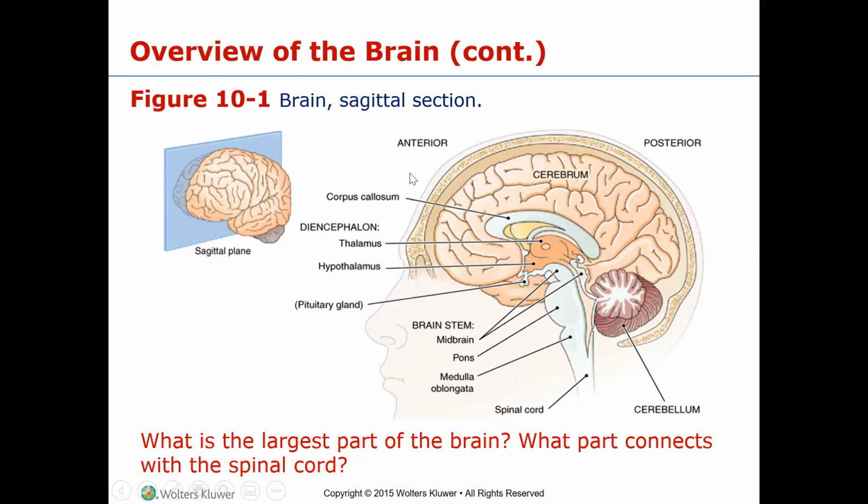Of course, all of this is encased in the cranium, and it is covered, the brain itself, with three outer tough coverings, which we will go over. So the largest part of the brain is the cerebrum, and what is connecting the brain to the spinal cord is the brain stem itself, okay?